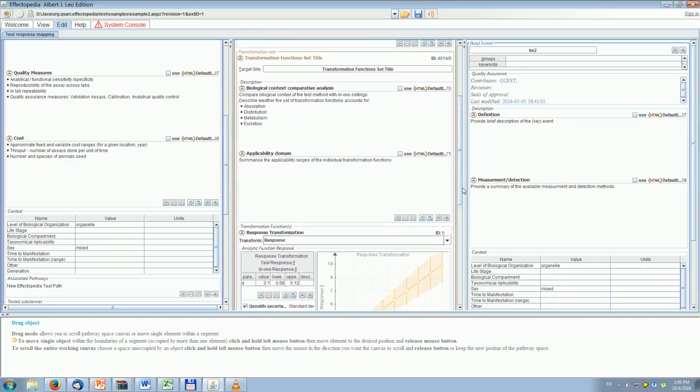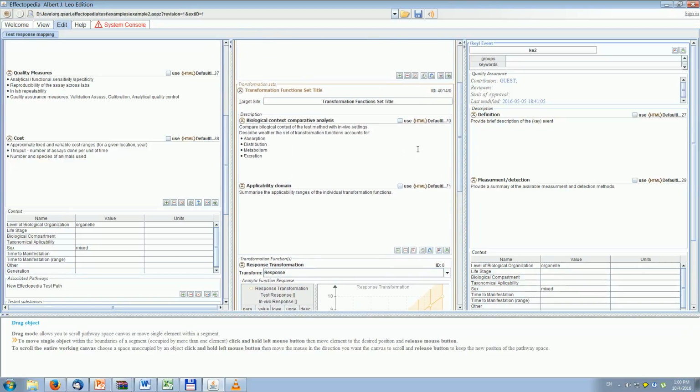Also, there is more information regarding each transformation set of functions that needs to be entered in Effectopedia. Briefly, this is describing how the biological context of your test assay is different from the in vivo one, and you also can mention these differences in terms of absorption, distribution, metabolism, and excretion terms.